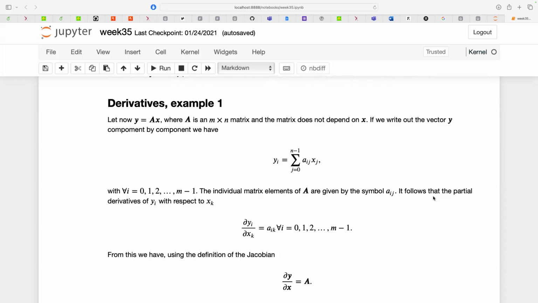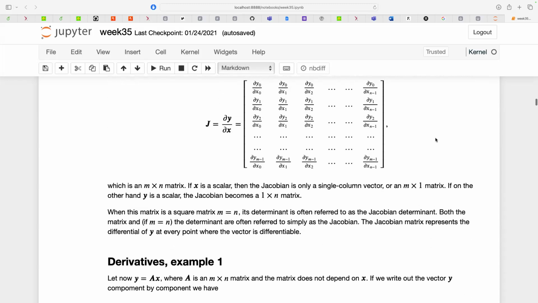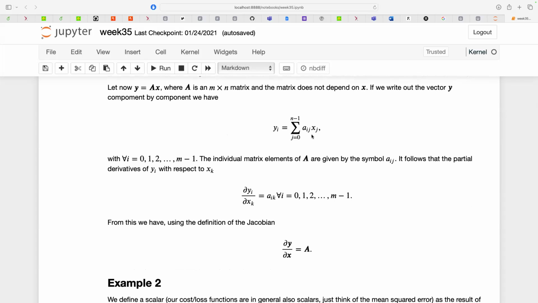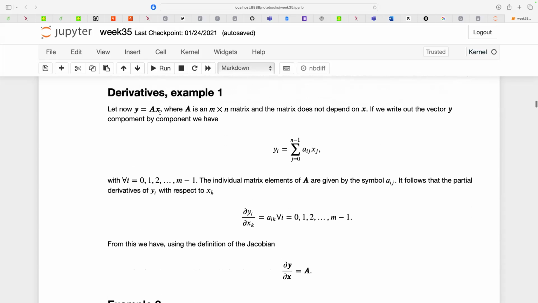And one way to actually do this is to write out things component by component. And the easiest way, if you're a little bit in doubt, if this doesn't ring a bell immediately, is to always write this down. If you think of a matrix vector multiplication, if you multiply a matrix with a vector, this is obviously a vector, right?